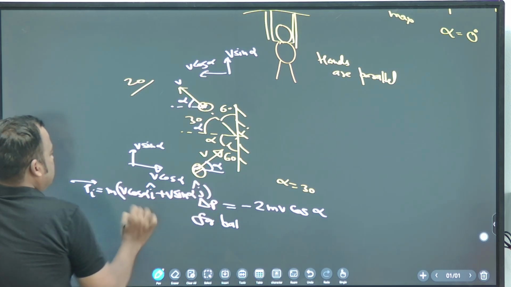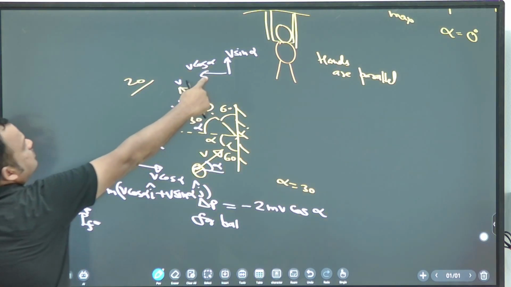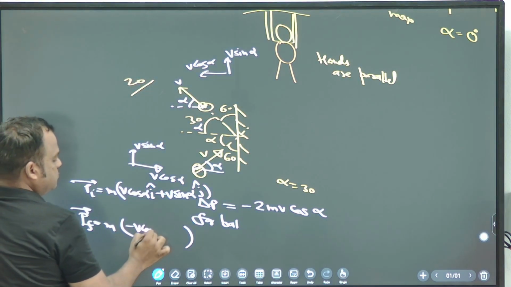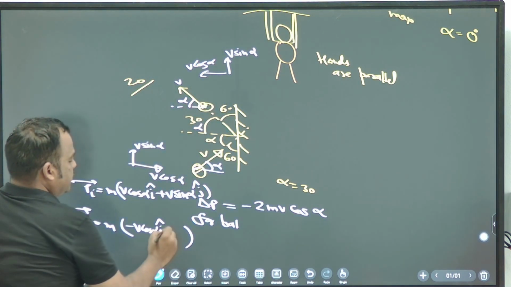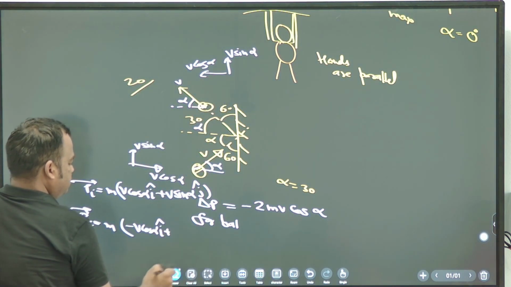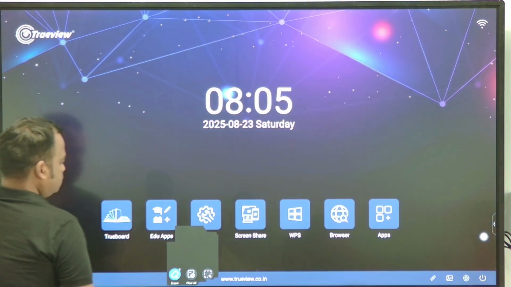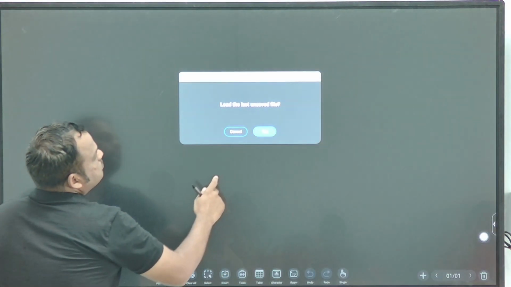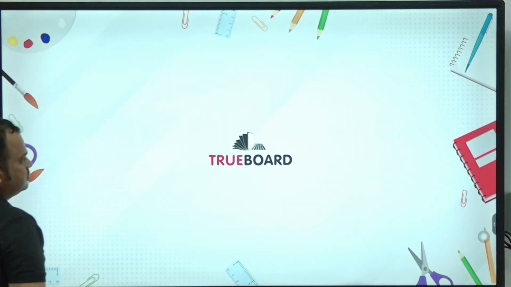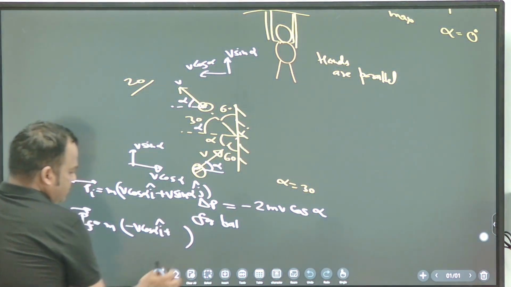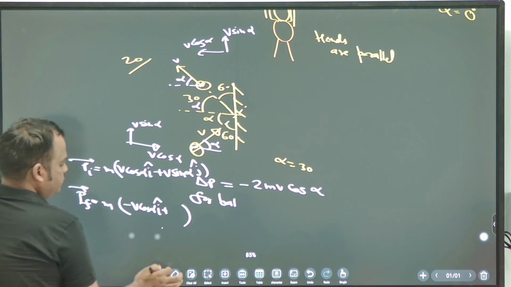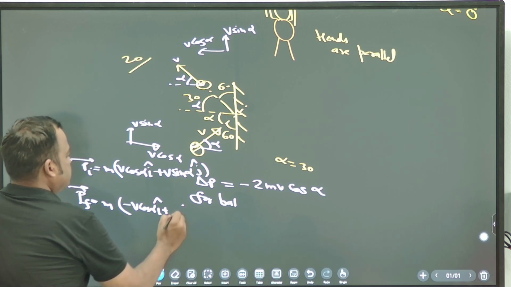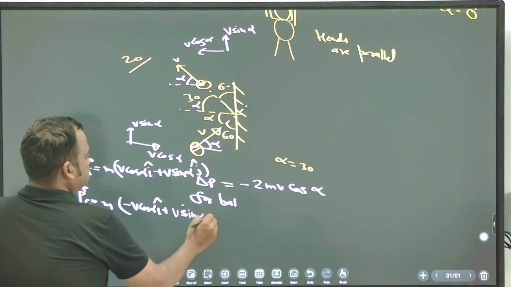Very good. And what is P final? P final is m into minus V cos alpha i plus V sin alpha j.